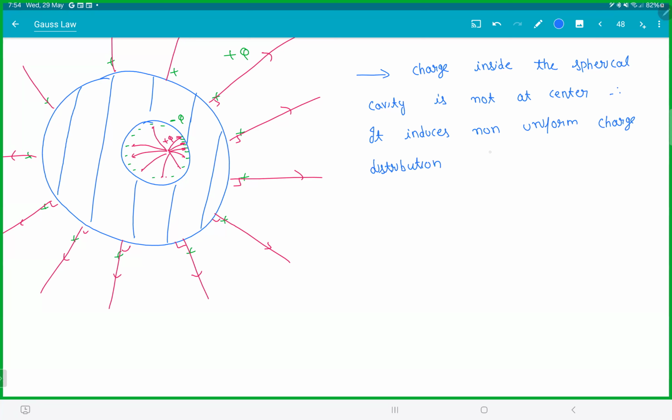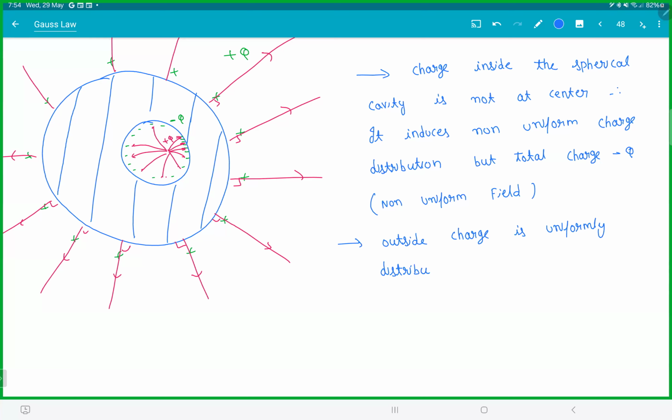And outside, if you observe, the outside charge is uniformly distributed. And there's a reason for this. Why are the outside field lines not distorted? Think about it. Not a single line from inside is coming out.